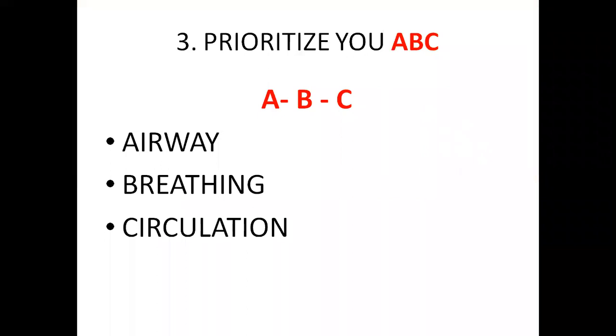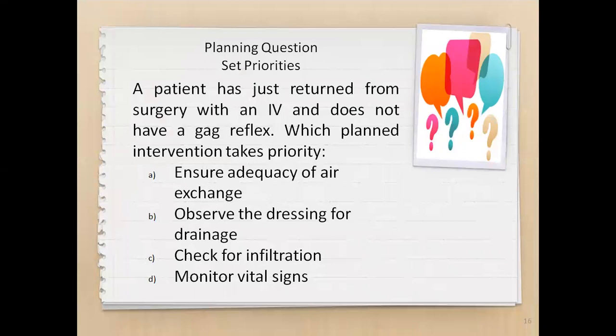Third and lastly, you have to prioritize your ABC: airway, breathing, and circulation. A lot of questions, especially in the nursing board exam, will let you analyze critically which situations are important. So we have here a question.